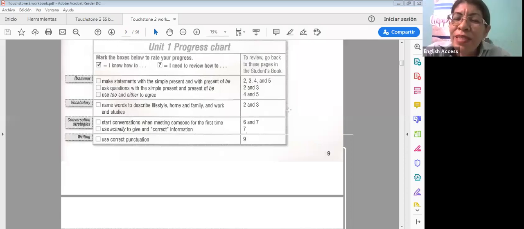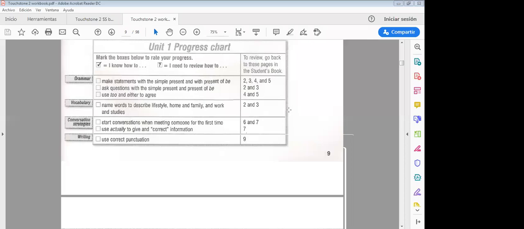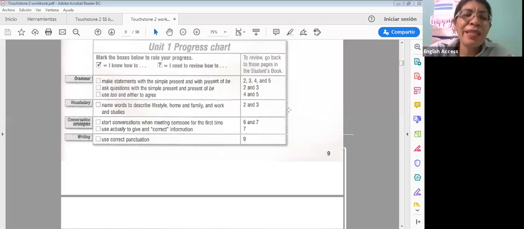Okay, actually, yes. And the last part says writing, use correct punctuation. This is the exercise that you did as homework, where you have to correct the paragraph using commas, periods, capital letters, question marks, etc. So this is what we saw in Unit 1.